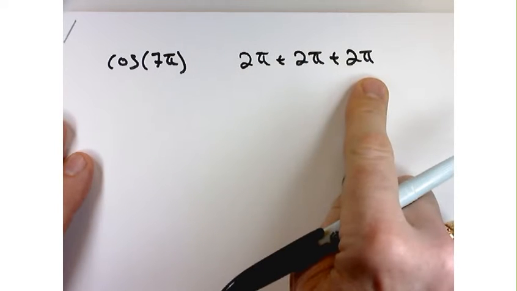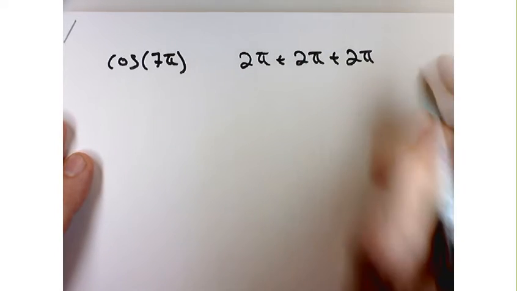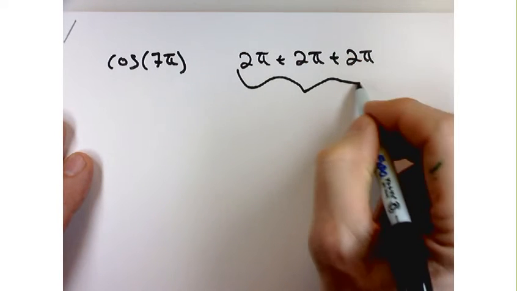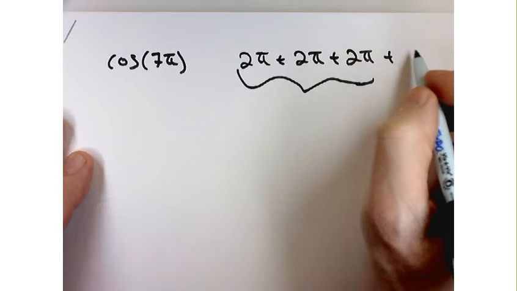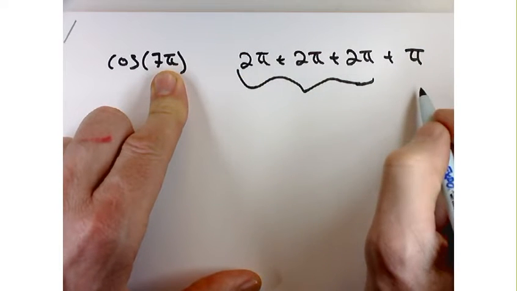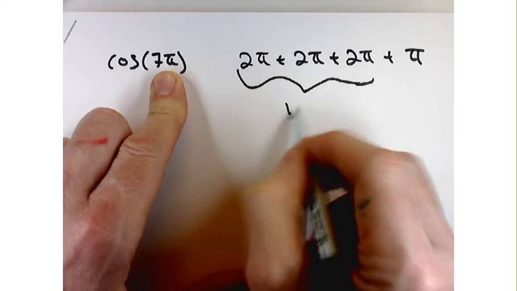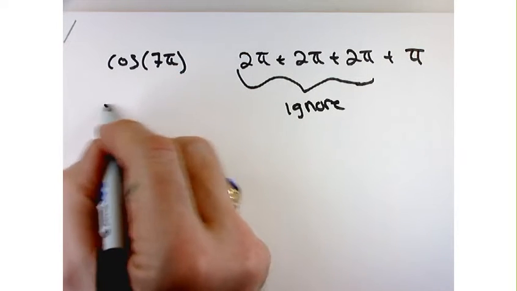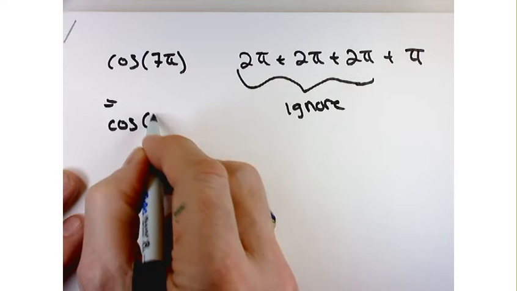How many pi's do I have so far? So that's 3 times around the unit circle. What's left over? Yeah, 1 more pi. So this stuff we can kind of ignore. So equivalently, this is going to be the cosine of pi.